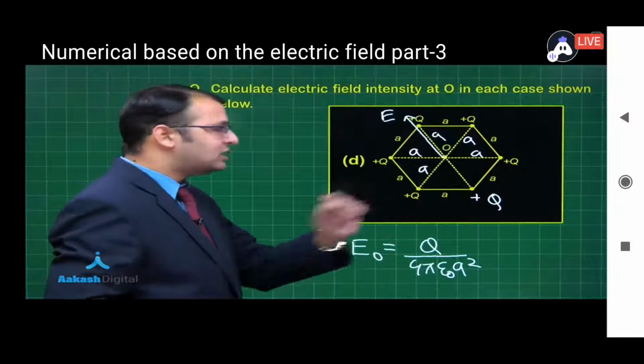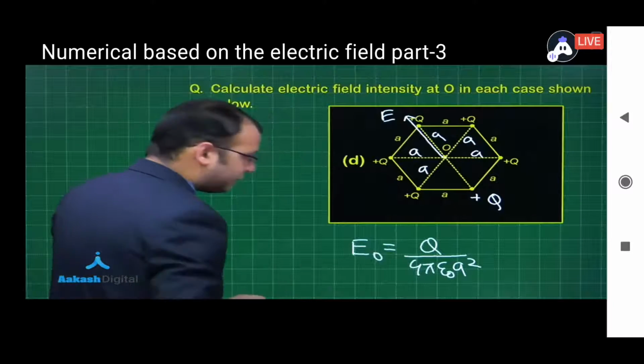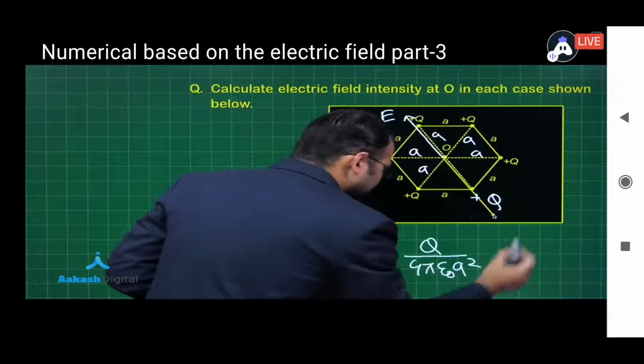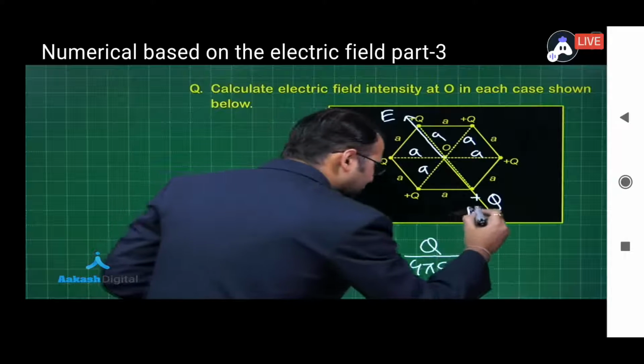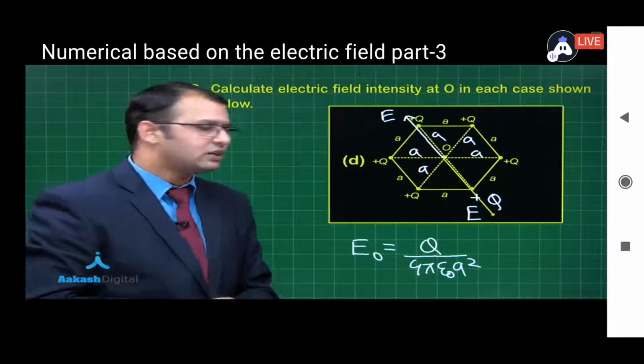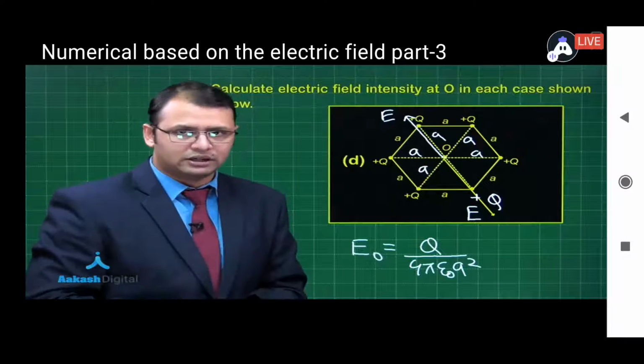But since it is not there, the whole charge system will apply the same electric field but in downward direction, which will have the value E only, but opposite to that of the charge plus Q would have applied. So I have used the concept of symmetry.